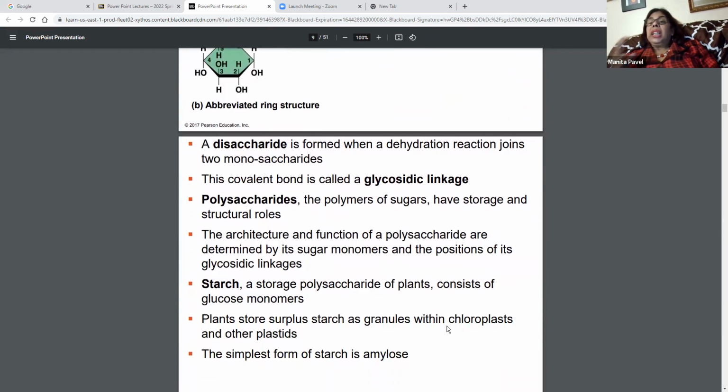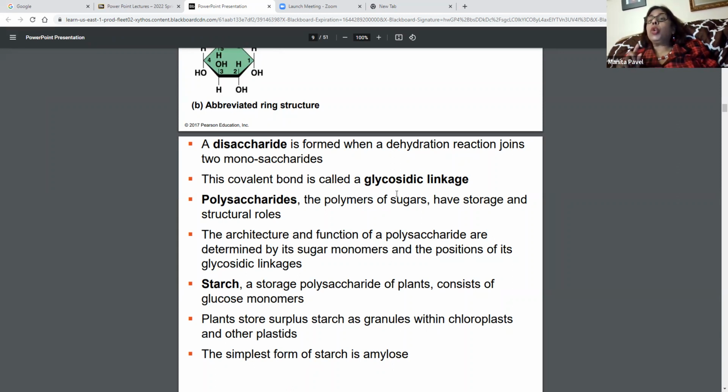Now, the second type of structural carbohydrate is a disaccharide. Di comes from the word two. A disaccharide is composed of two sugar units that are joined together. But what is the name of the bond that joins the two monosaccharides? This is extremely important, and therefore I've highlighted it and bolded it.